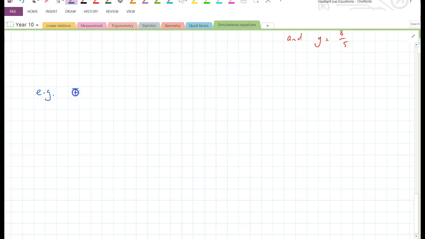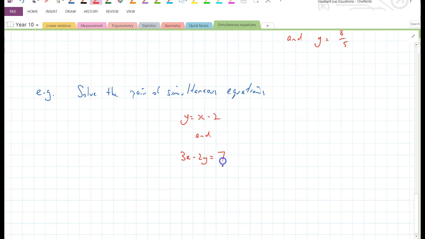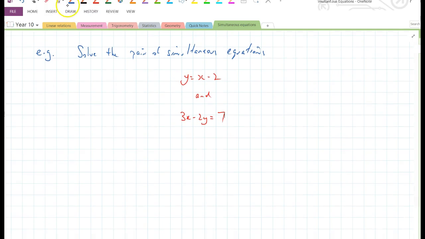So an example is: solve the pair of simultaneous equations, and in this case I'm going to go with y equals x minus 2 and 3x minus 2y is equal to 7. So there's a pair of simultaneous equations. They're both straight lines, and we're looking to solve them. The simultaneous, remember, means at the same time, finding the common solution.